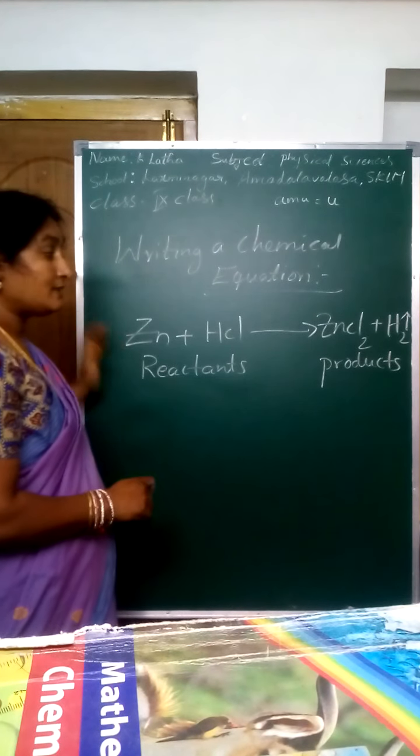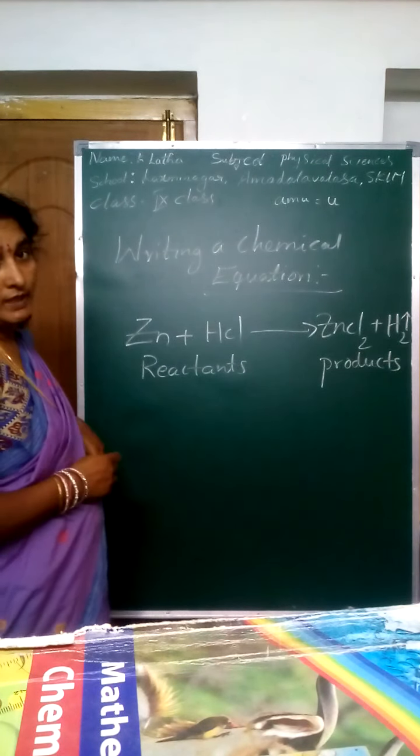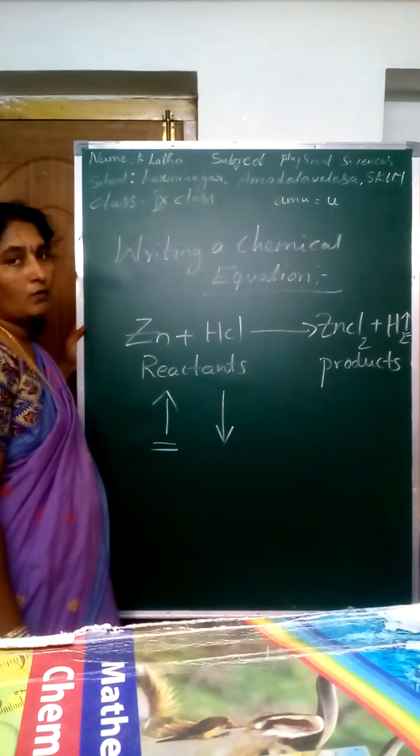Then some symbols are also used. Now I draw an up arrow here. This indicates the formation of or evolving of a gas in that reaction. If any gas evolves from the reaction, we keep an arrow mark like this. Here hydrogen gas is released, that's why I kept the up arrow. Sometimes we write a down arrow also.